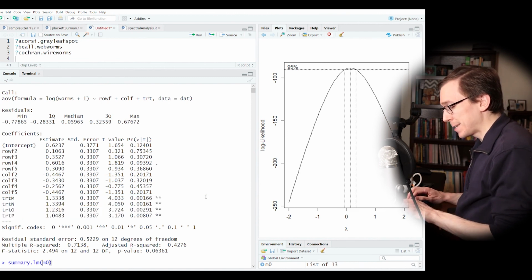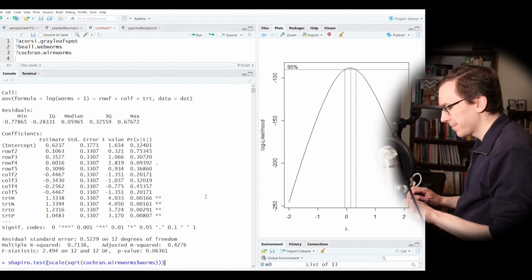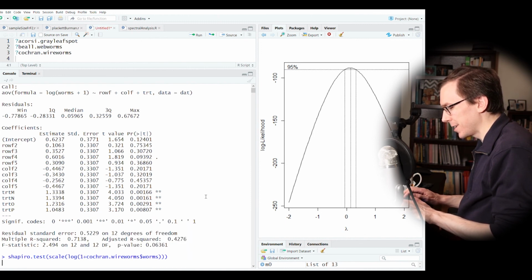Furthermore, I suspect that if we go back up, let's just fly up to the top, back when I used the Shapiro-Wilk test and the Anderson-Darling test, if we switch this to a log transformation, now I have to add 1 in this case, otherwise I'm going to get a bunch of zeros.